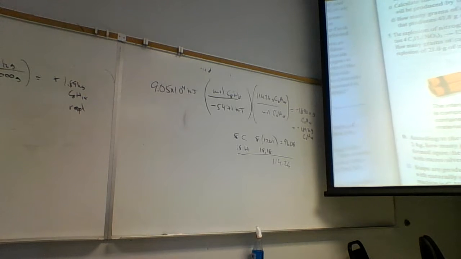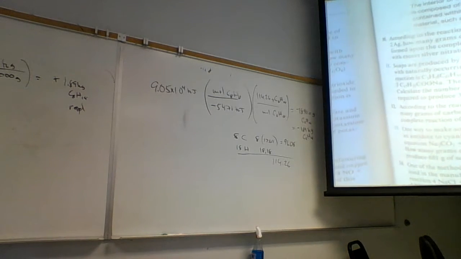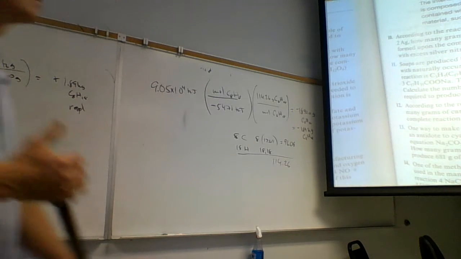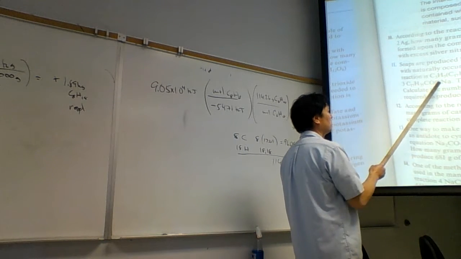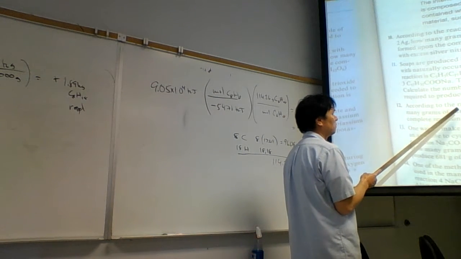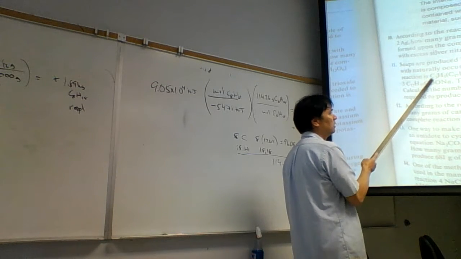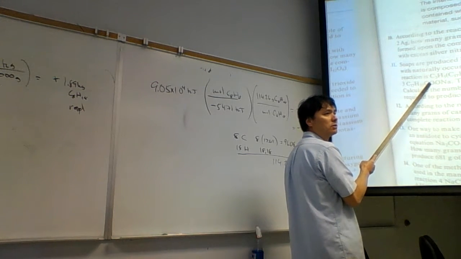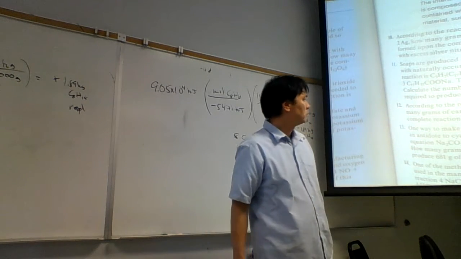Boy, here, number 11, soaps. We look at this. What kind of reaction does this look like? Although it's hard to see it here, this is actually a metathesis reaction.